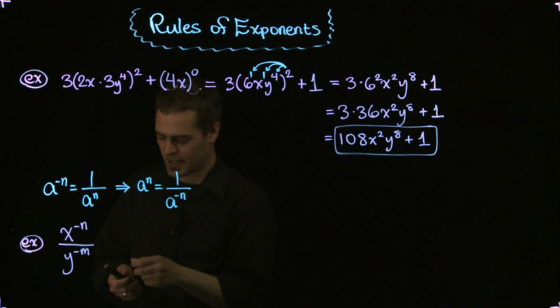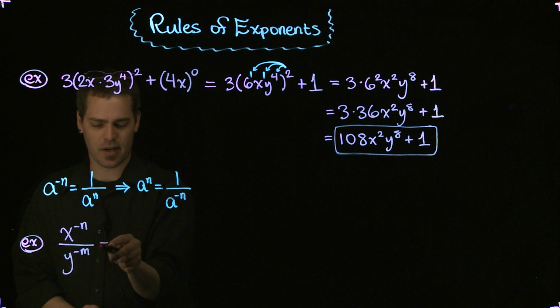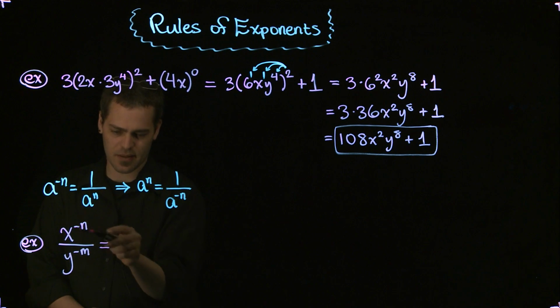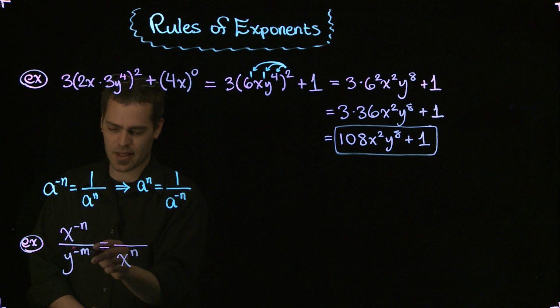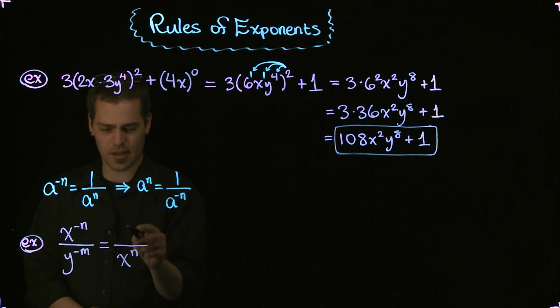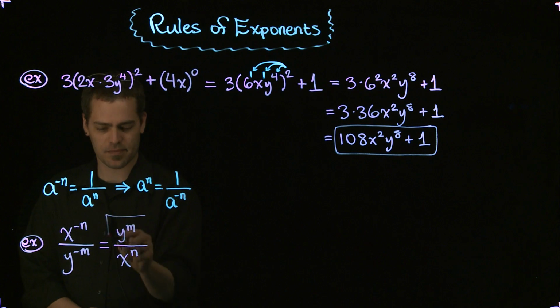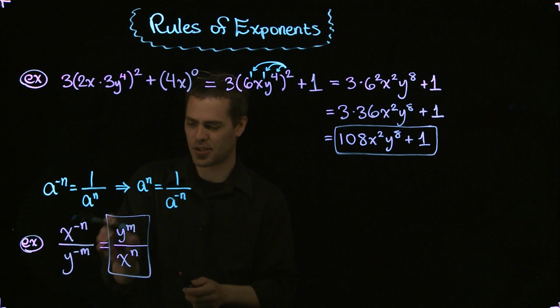So the really quick way to deal with this x to the negative n over y to the negative m, if I want to rewrite it without negative exponents, is to simply take that x to the negative n down to the denominator as x to the positive n, and take that y to the negative m in the denominator up to the numerator to make the power positive, and there it is. And that's just a nice fast rule to be able to shuffle things around.